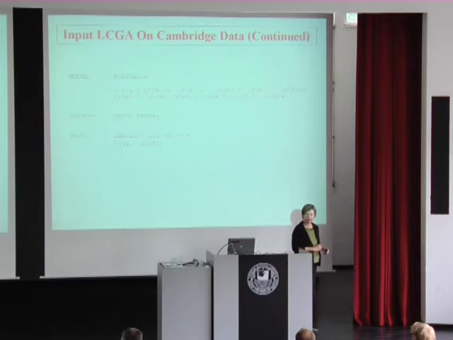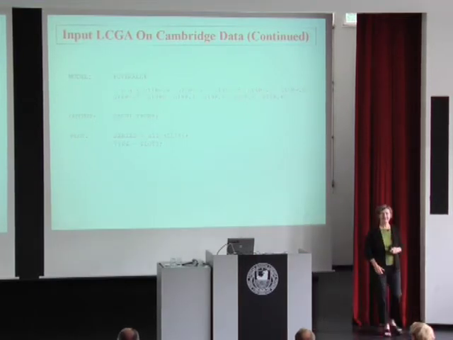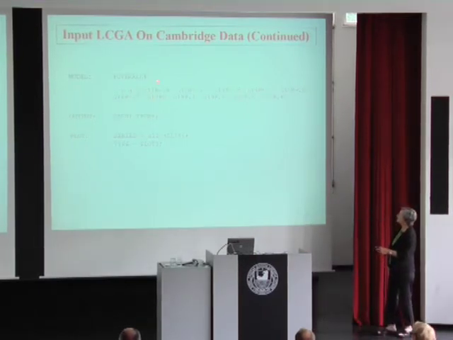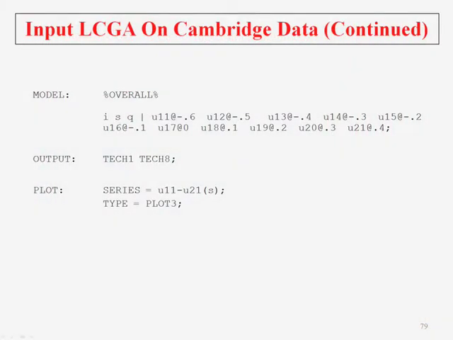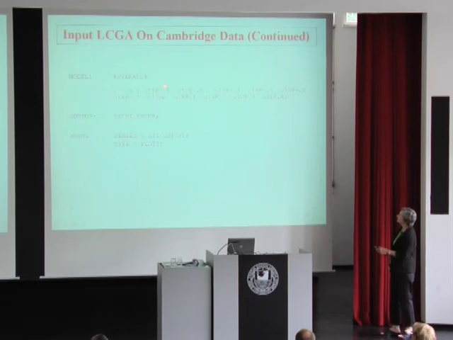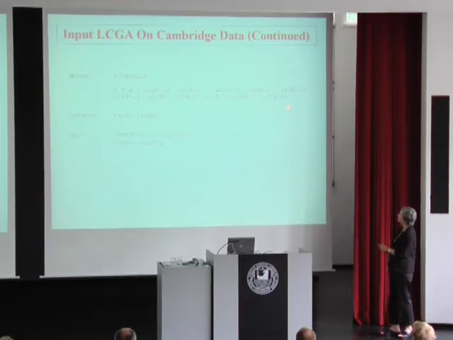Okay, so let's take a look at the model command. And you can see that here we use the special growth language. So on the left-hand side of the bar, there are 3 variable names, I, S, and Q. That implies that we want to estimate a quadratic growth model. And then you can look at the time scores and you see we have -6, -5, -4, -3, -2, -1, 0, 1, 2, 3, and 4.